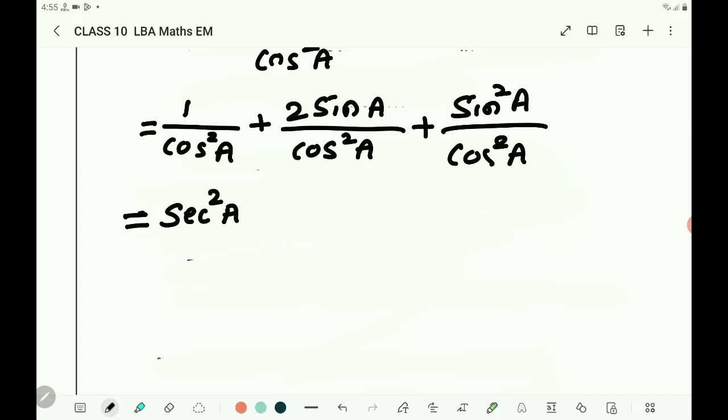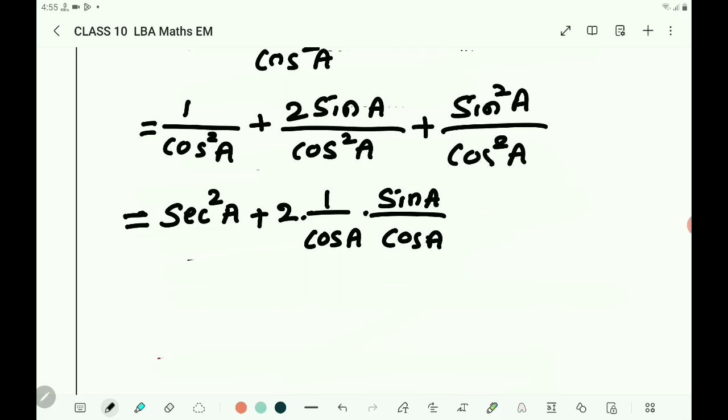Secant square A plus 2, split this cos square A. Here secant square A is there, so you write 1 by cos A into sin A by cos A, because cos A into cos A is cos square.